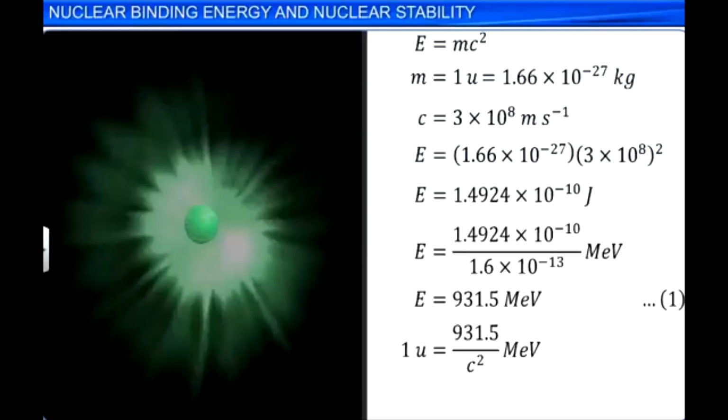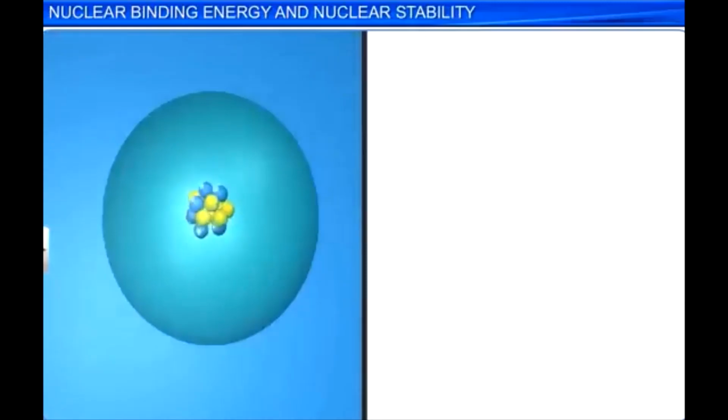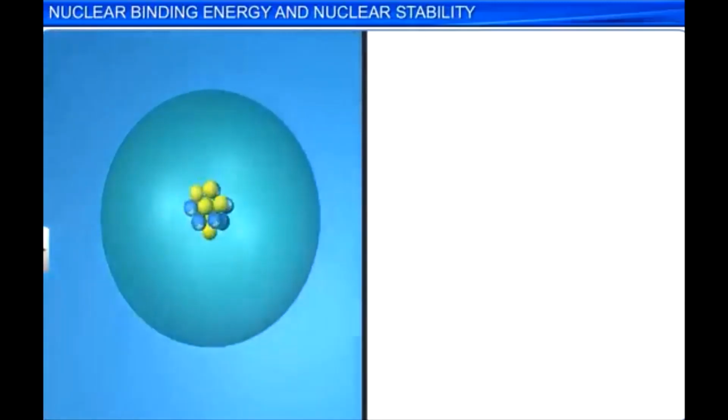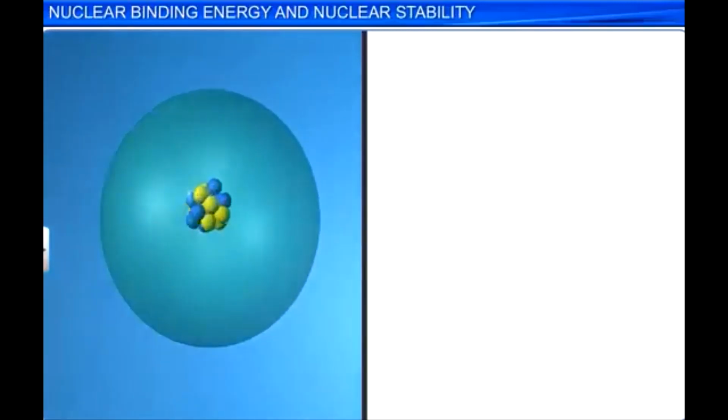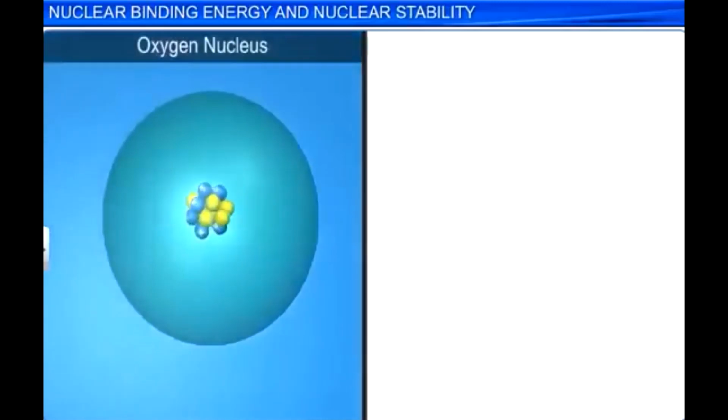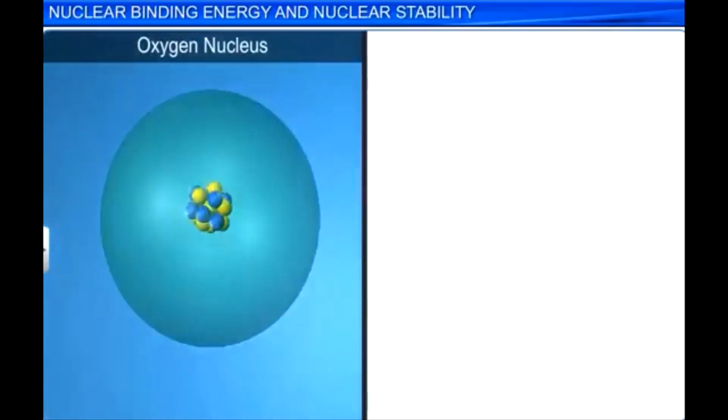Let us now study the concept of nuclear binding energy in light of Einstein's mass-energy equivalence equation, considering a sample nucleus, say an oxygen nucleus. An oxygen nucleus is made up of 8 neutrons and 8 protons, and hence its atomic number Z equals 8 and mass number A is equal to 16.